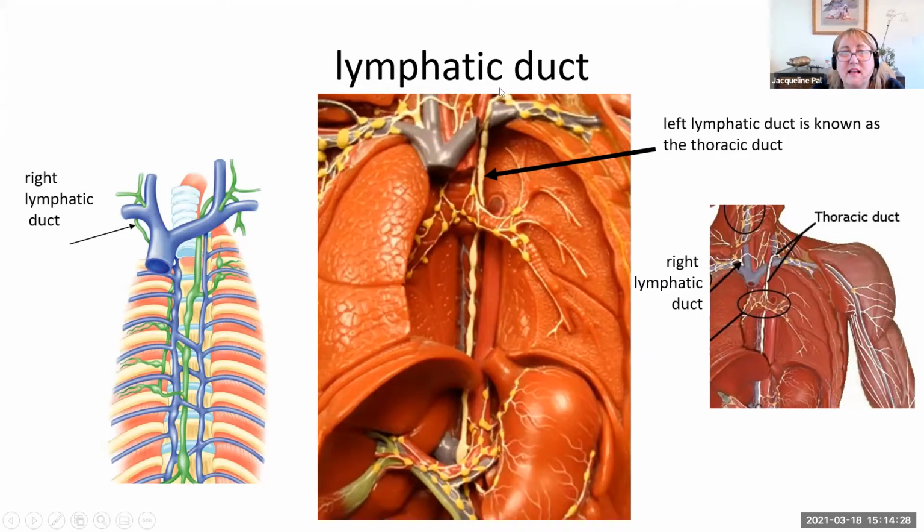Once again, it will travel up to the junction of the internal jugular vein and subclavian vein right at the origin of the left brachiocephalic vein. So all three of these pictures show both the right lymphatic duct and the thoracic duct.